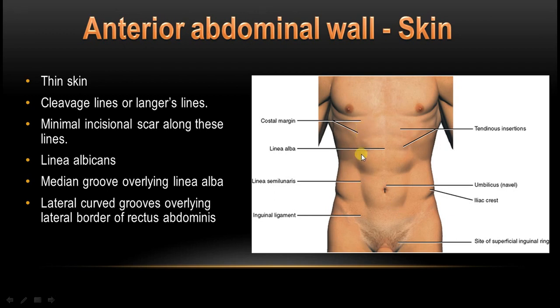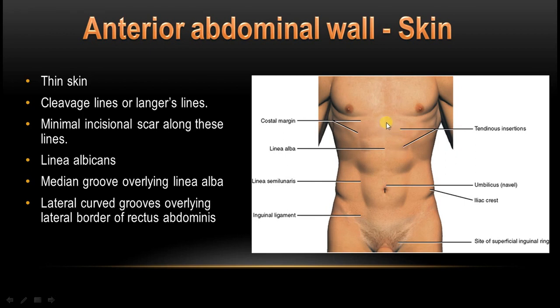Linea semilunaris is a laterally curved line with the convexity facing outwards or laterally, and represents the lateral border of the rectus abdominis muscle, which is present on either side of the midline.